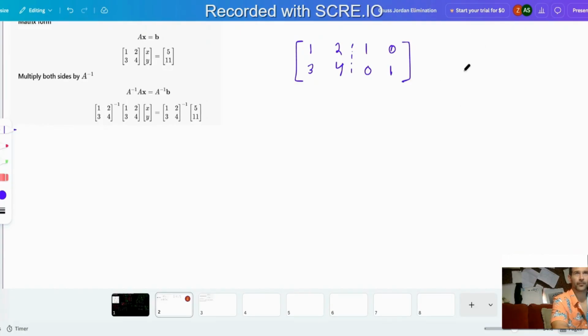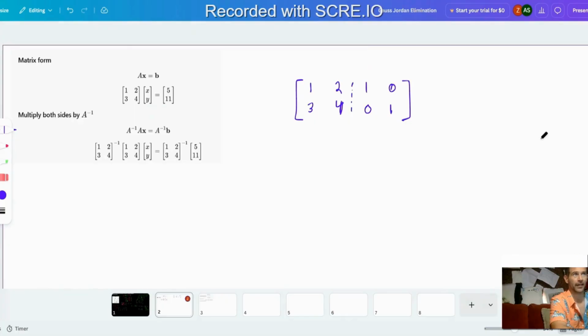Now, I could prove this by showing that this happens to vector b all the way through, but I might do that on another video. So in this case, we'll just do the A inverse, but we haven't found A inverse yet. We've got to use Gauss Jordan elimination to do that. I'm just going to say Gauss J to get A inverse.